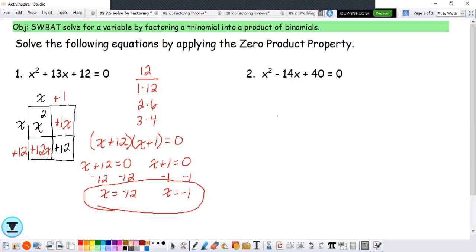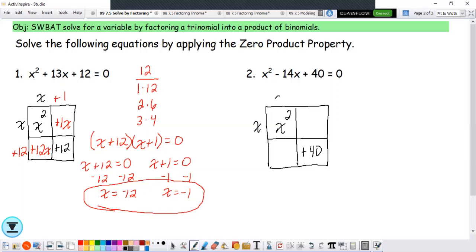And the next one. Again, I'm going to set up my model. We have x squared, and we have plus 40. X times x gives us x squared. Now we have a positive constant, but we have a negative middle term. So that tells me I'm looking for 2 negative numbers.